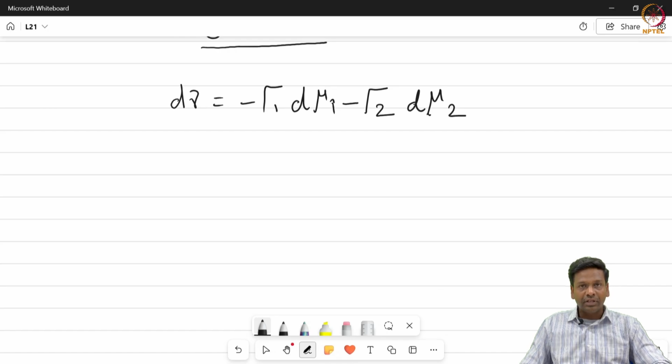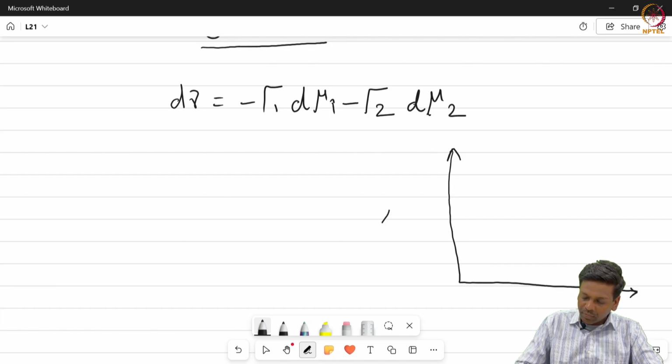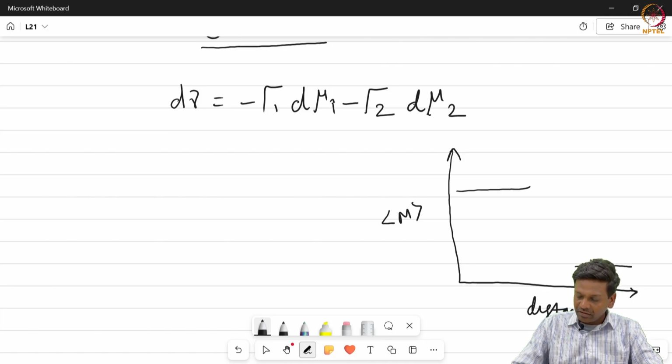Remember, when we began deriving, we introduced the concept of the Gibbs dividing plane. Whenever you measure some property as a function of distance, you have one adjoining bulk phase, and near the interface the property that you measure will fluctuate.